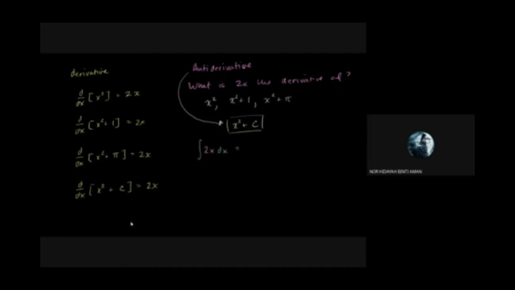And the antiderivative of 2x, we have already seen, is x squared plus c. Now, you might be saying, why do we use this type of crazy notation? It'll become more obvious when we study the definite integral and areas under curves, and taking sums of rectangles in order to approximate the area of the curve. Here, it really should just be viewed as a notation for antiderivative. And this whole expression is called the indefinite integral.